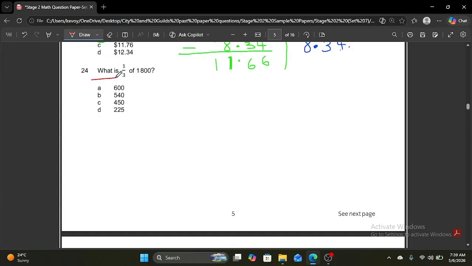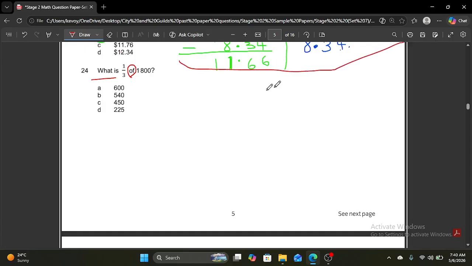What is 1/3 of 1,800? Now, anytime you see the word "of" right there, we know that we have to multiply.